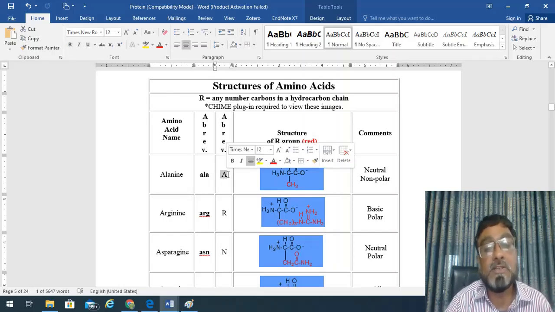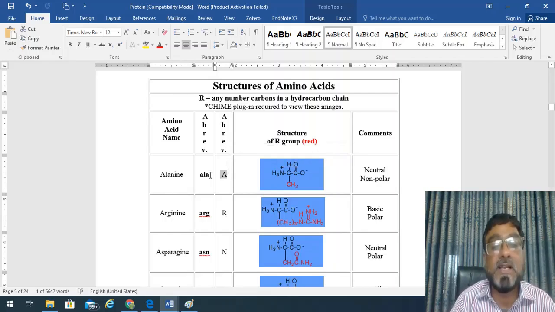This is the nomenclature for the amino acid. So for alanine, ALA, or you can denote it as capital A. We have seen the structures as well as its nature, neutral, nonpolar.